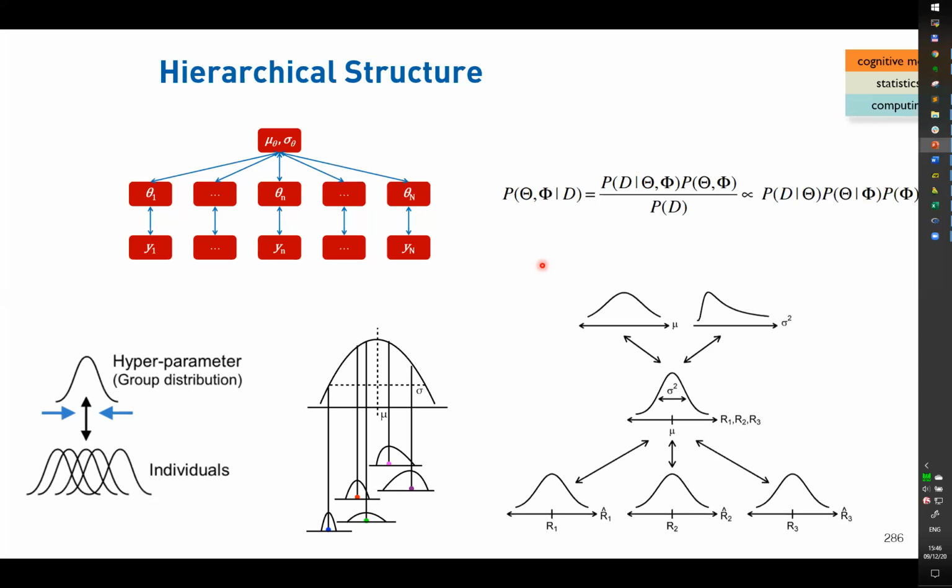Because if you remember the graph that I showed you, there is the shrinkage effect, and the outlier will be regulated by the group. So it's not as extreme as it would be if we did not consider the hierarchical structure. Okay. Any more questions?